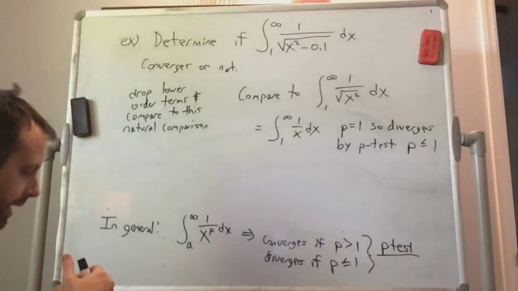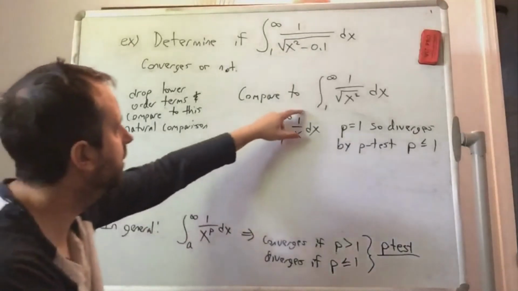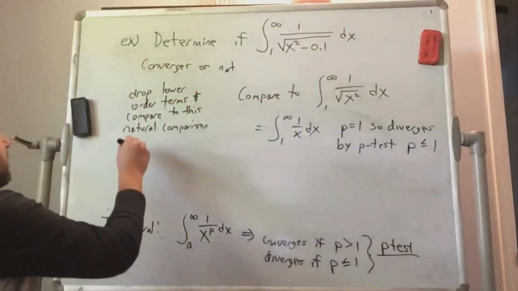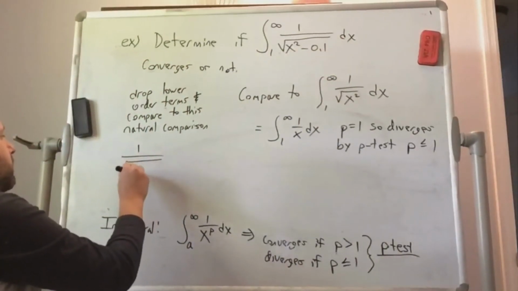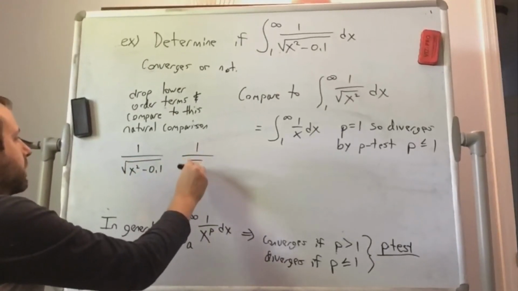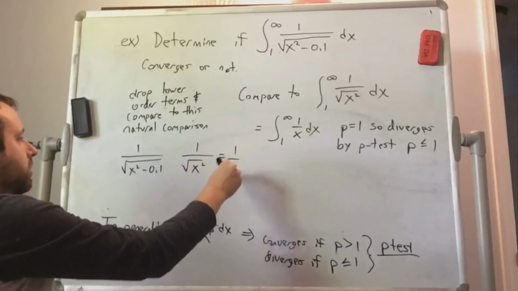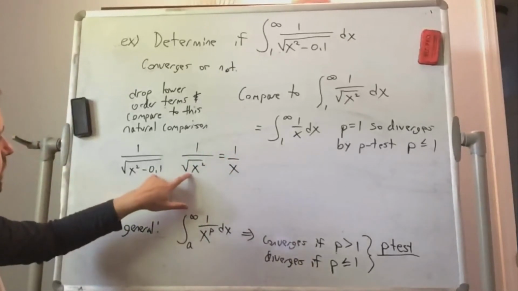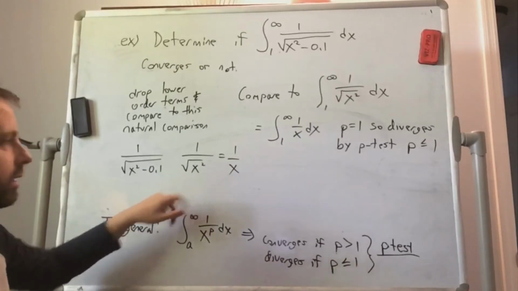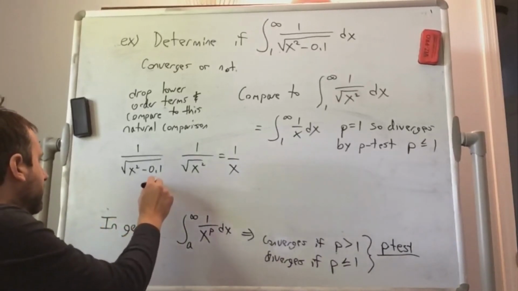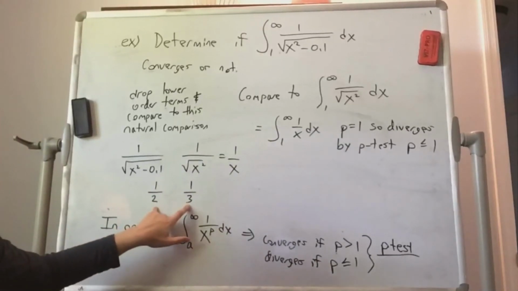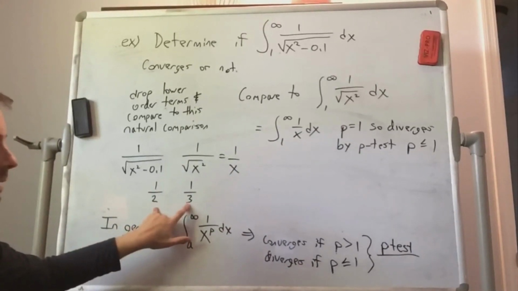Now, let's compare 1 over x to this piece here. So if I looked at 1 over root x squared minus 0.01, and I was comparing it to 1 over root x squared, which is just equal to 1 over x, which of these two is bigger, left-hand side or right-hand side? Let me ask you this question. Which is bigger between these two numbers, 1/2 or 1/3?